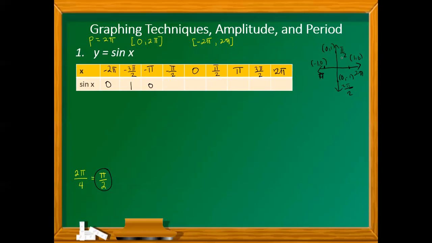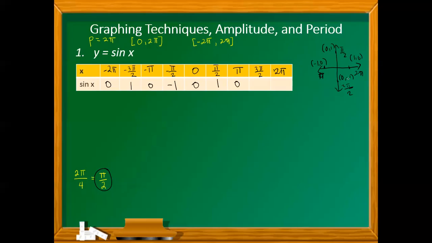So for negative pi over 2, this is coterminal with 3 pi over 2, so this would be negative 1. And then sine 0 would mean 0. Sine pi over 2 will be equal to 1. And then sine pi is 0.